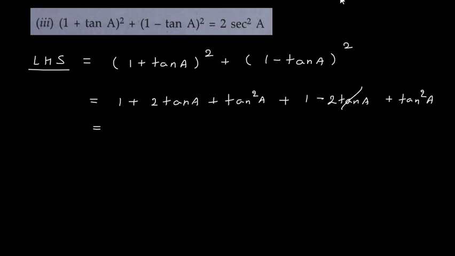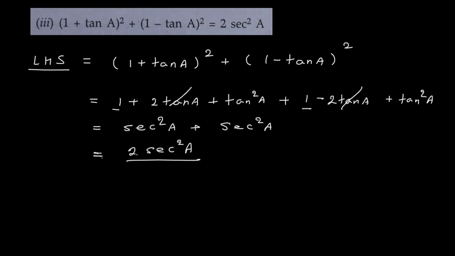Now this minus 2 tan a and this plus 2 tan a will cancel, and 1 plus tan square a is what? Sec square a. So you will write this is sec square a, plus here also 1 plus tan square a will become sec square a. So this sec square a plus sec square a is 2 times sec square a, which is your RHS, right hand side.